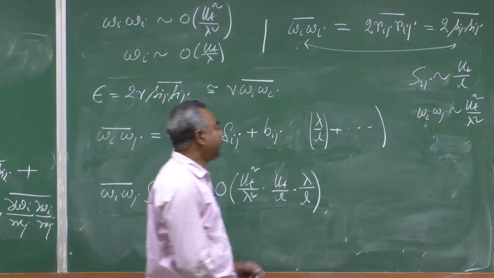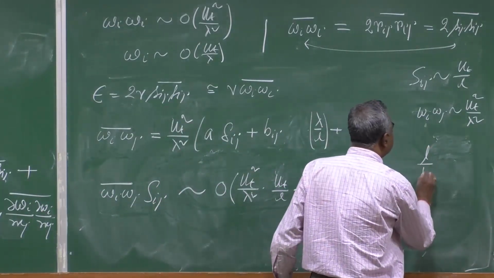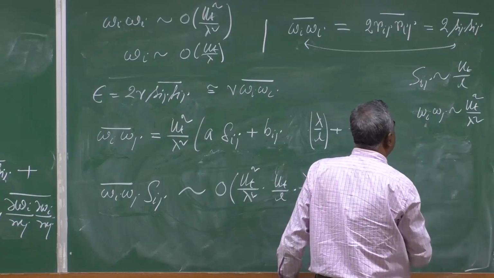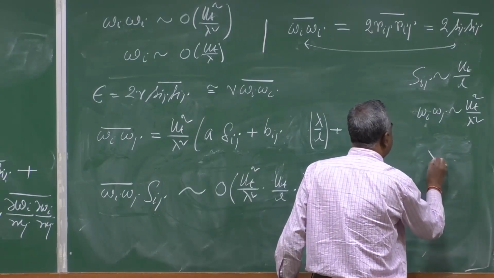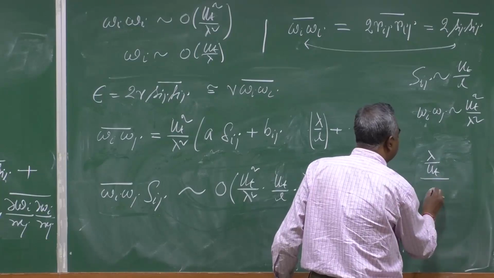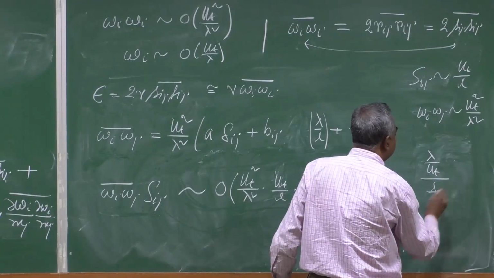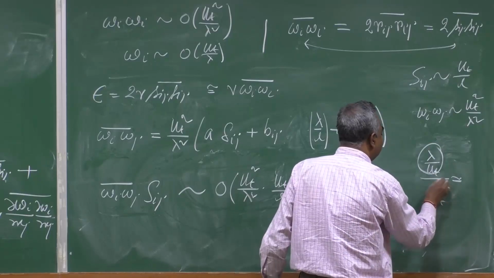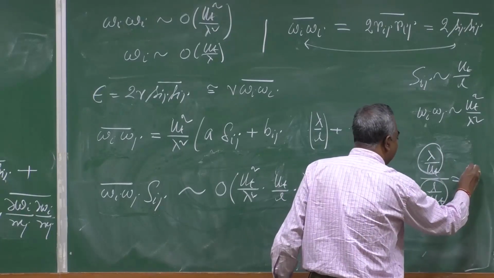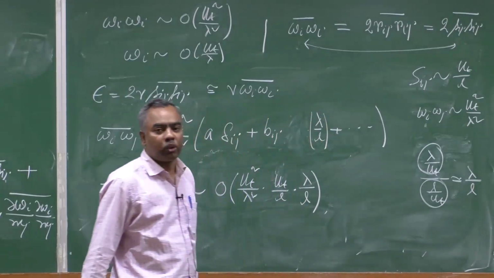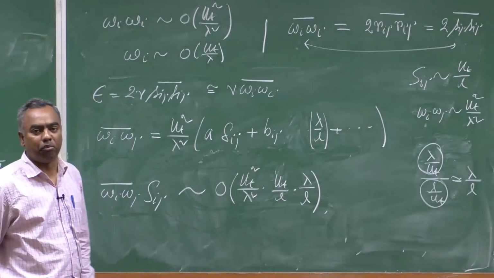The time scale of the small eddy is this and that of the large eddy is this, and the ratio of their time scales is proportional to Re to the power minus half.